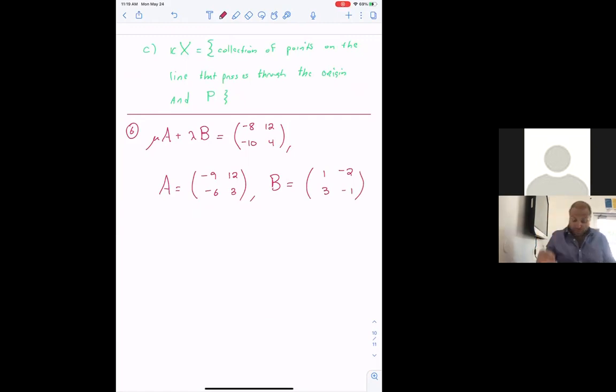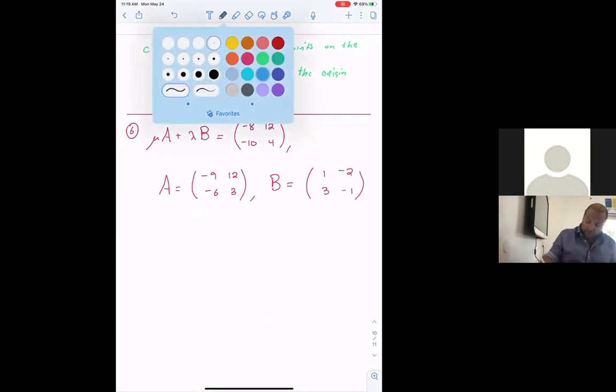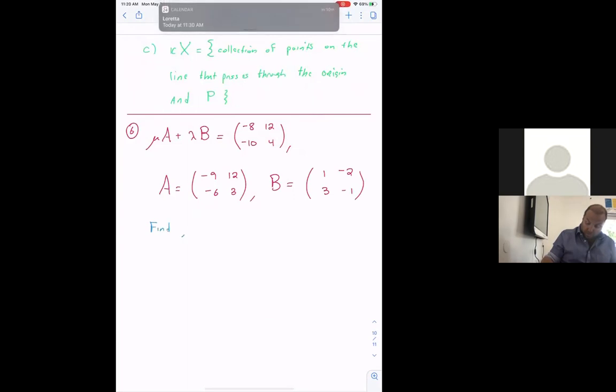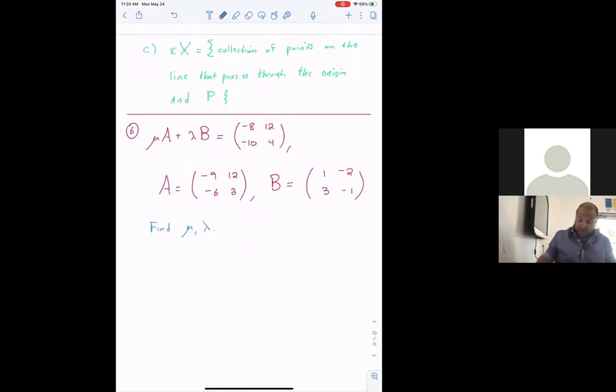So we are looking for mu and lambda. What are mu and lambda?